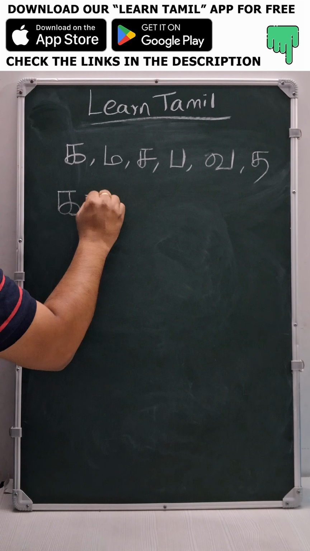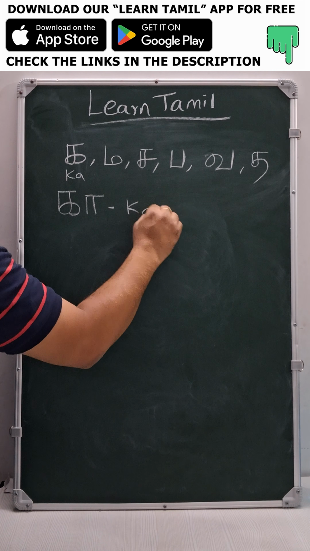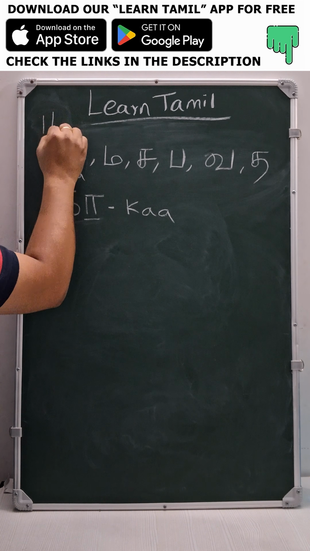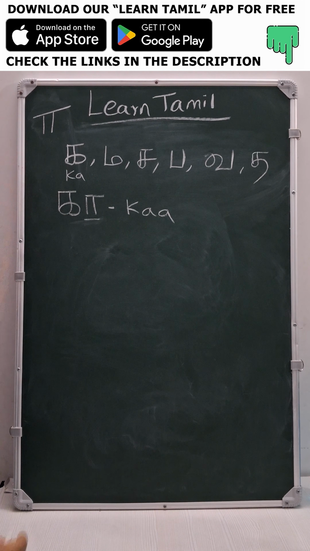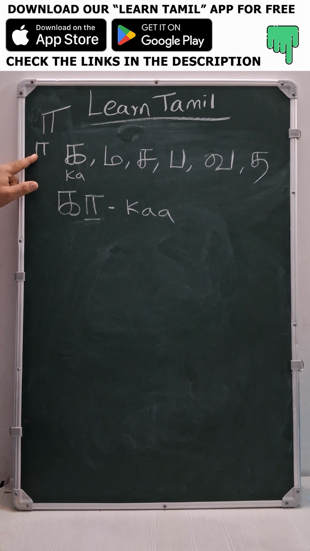When I add this, Ka becomes Kaa. Also you can see this letter looks like a pi symbol in mathematics, but you should not write like this. It should be like this. So it should be always like this.